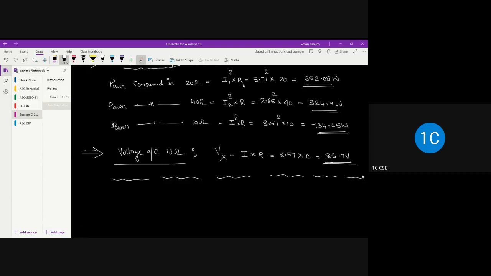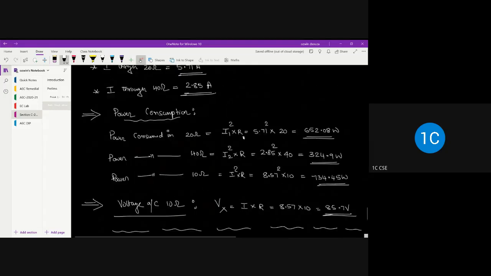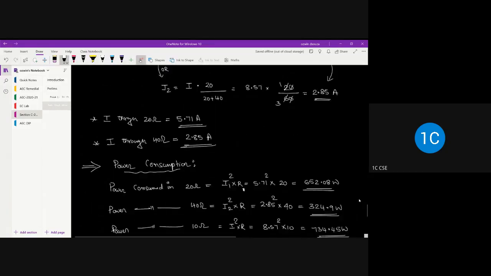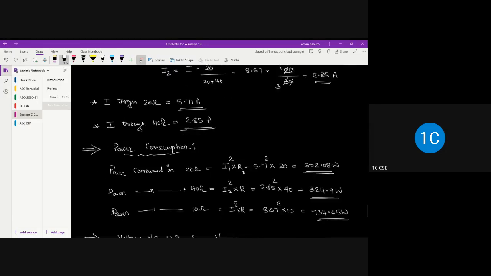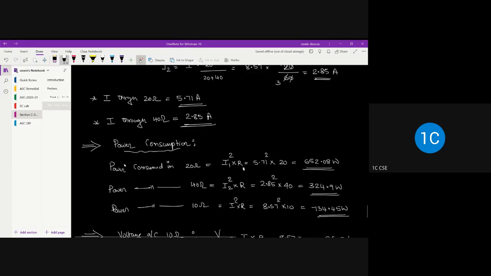Now, while solving this problem, I have solved it in detail. As you get the practice, you can skip all this writing part and directly arrive at the solution. You can just mention power consumed in 20 ohm resistor simply as P20, P40, and P10.